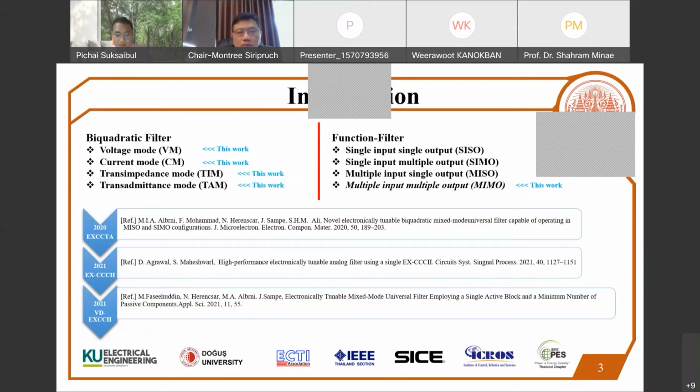3-way loudspeakers. Normally the mixed mode filter is used in voltage mode, current mode, transimpedance mode, and transadmittance mode.